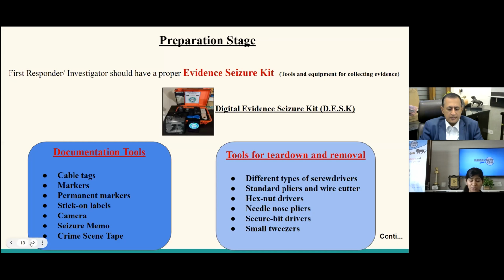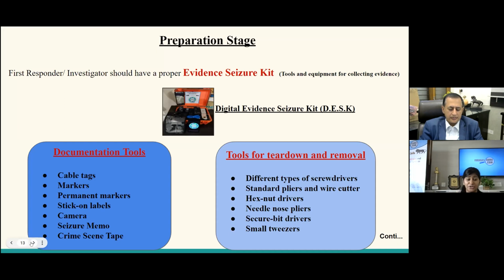So we know that improper handling of evidence can have a dramatic effect on the case. So the first responder or the investigating officer needs to make sure that data is not getting modified in any way. So a proper digital evidence seizure kit should be carried to the crime scene by the first responder just to make sure that data is not going to alter.